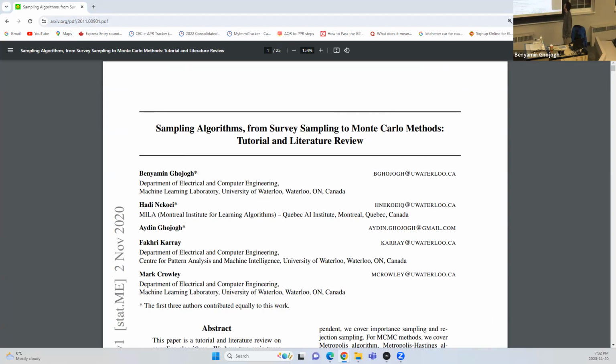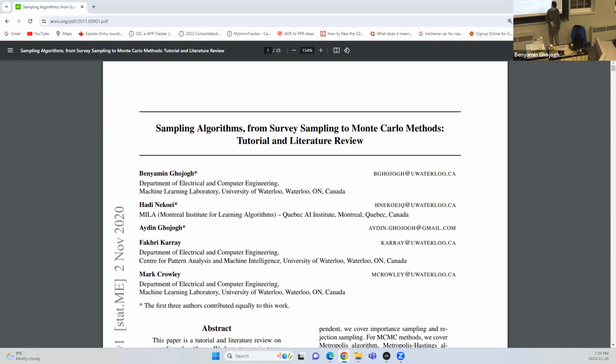Survey sampling means that you have a set of some values, and you sample from those values in the set. For example, census. You know census? You count how many people are in each town in the country, right?